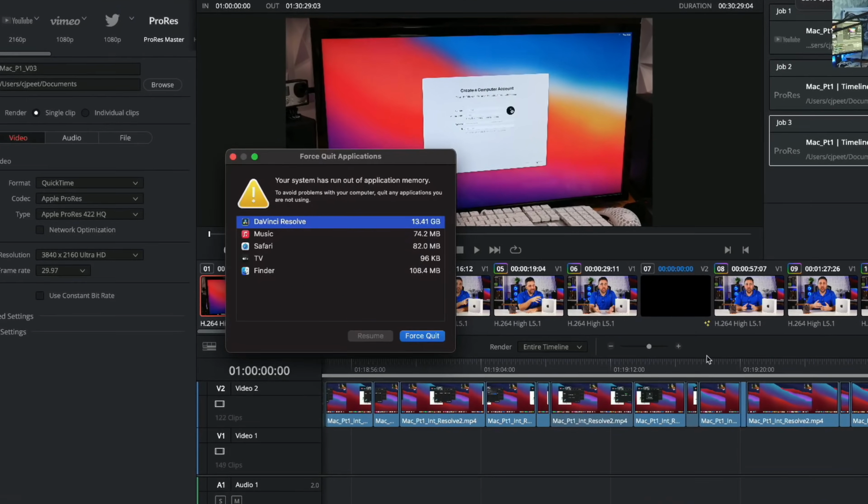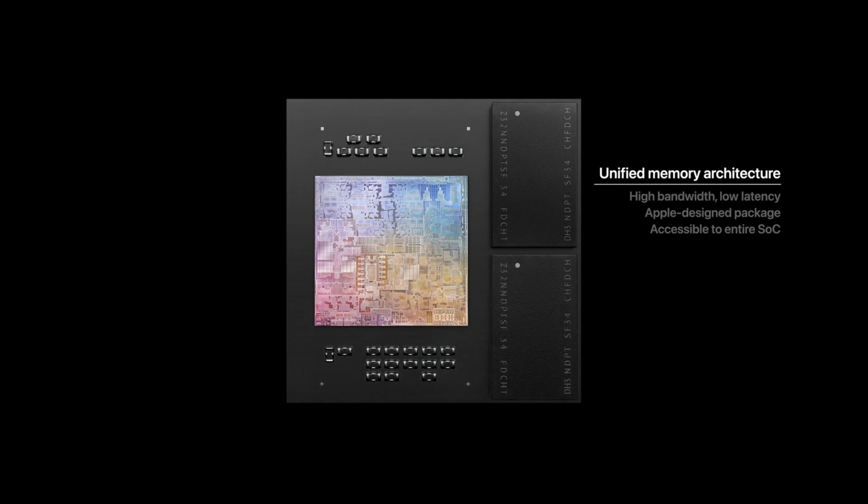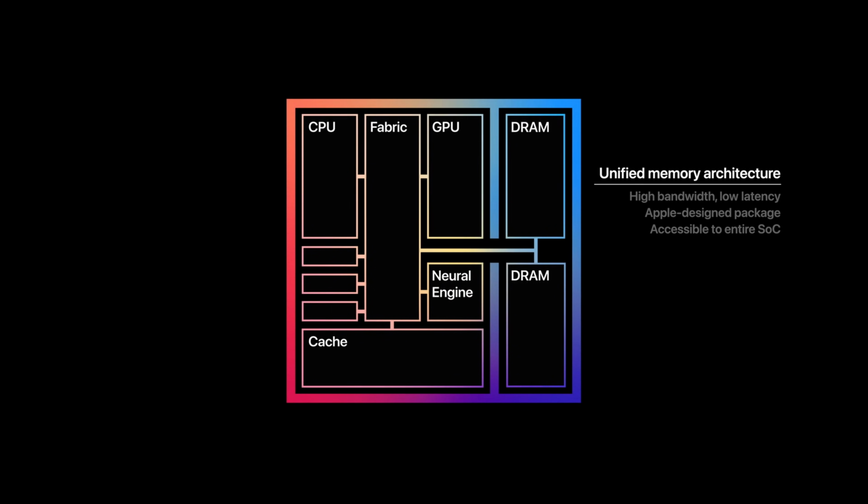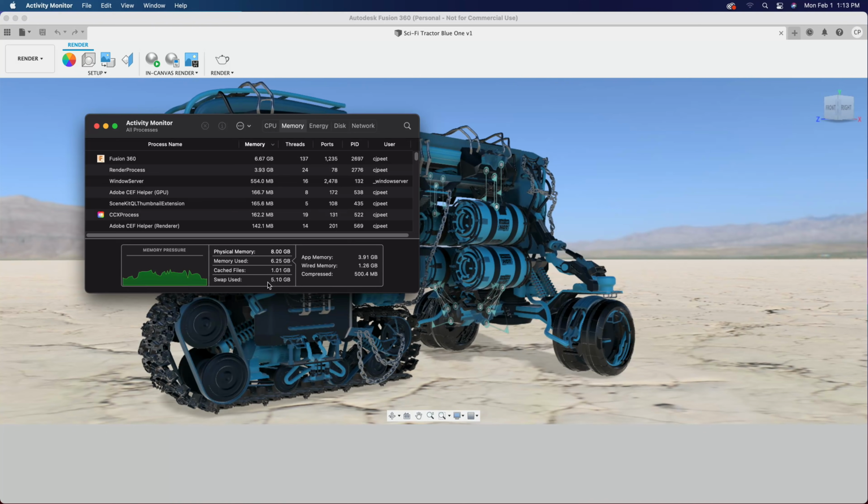The second major limitation on the base model M1 Mac Mini is the one I ran into consistently in my testing, and that's the lack of memory. Now, I've already said on a few occasions that the M1's use of available memory and its SSD swap is more efficient than any Windows-based PC, but this computer was consistently relying heavily on the SSD to make up for the lack of physical memory, and the NVRAM used by the SSD is exponentially slower than DRAM.